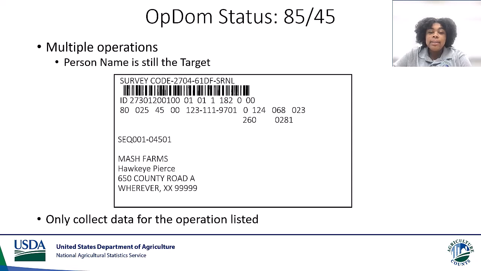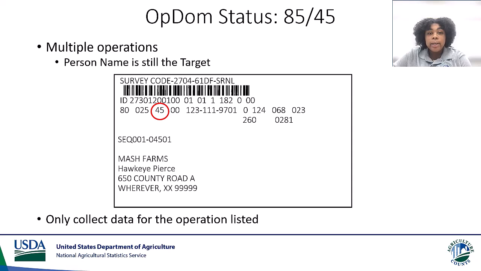The next OpDom status is 8545. 8545s make up 2% of the national ARMS 3 sample. On this label, the OpDom status is 45, which we have learned from a few slides back means that the operator has multiple operations that he wants to report separately. For example, a crop operation and a livestock operation both have been operated by the same person, but he is asked to report as two separate operations to NASS.